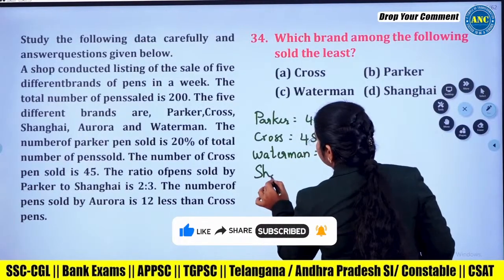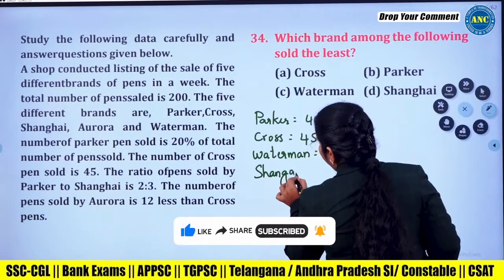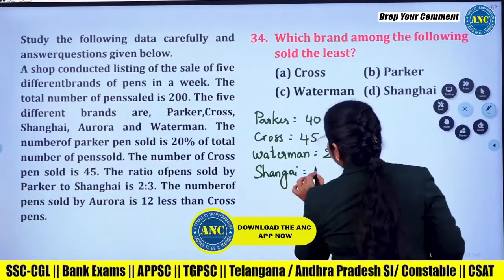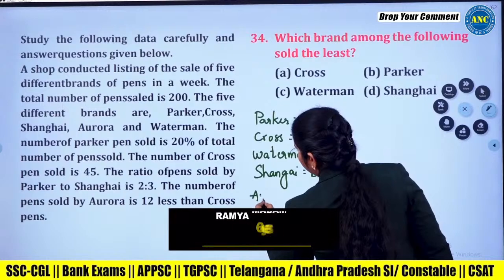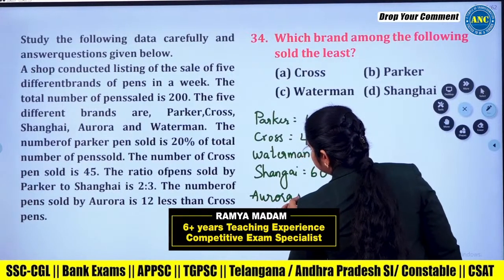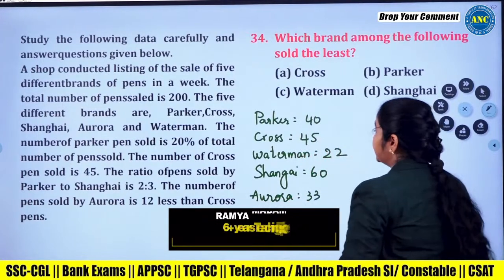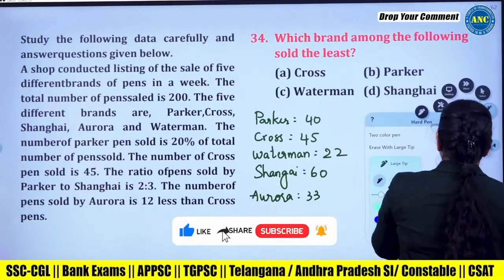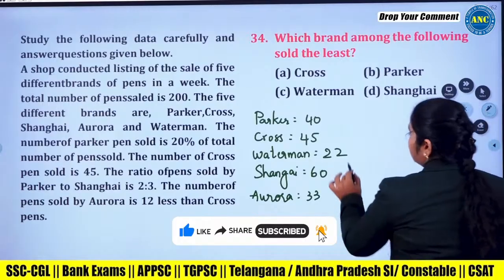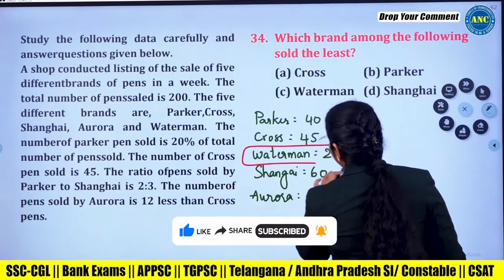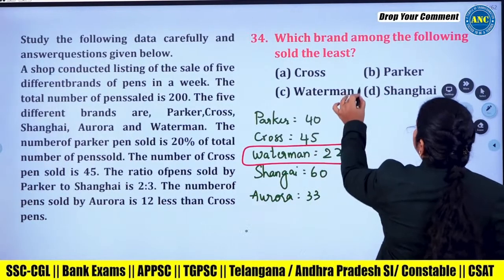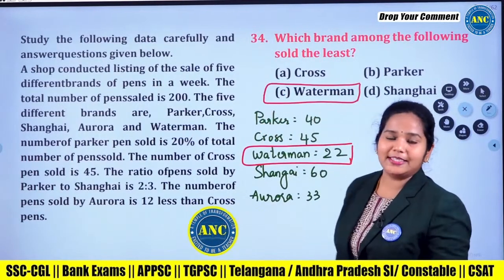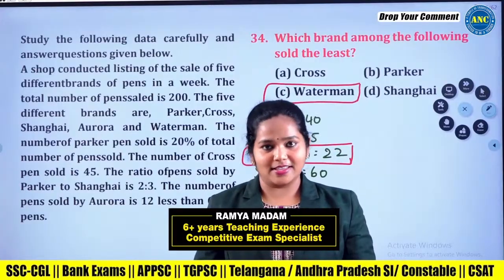Shanghai pens, 60. And Aurora, 33. Now check which is the least number of pens we have. Waterman. So option C, Waterman is the correct answer.